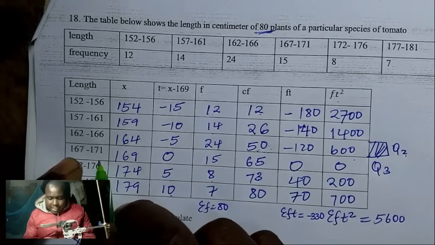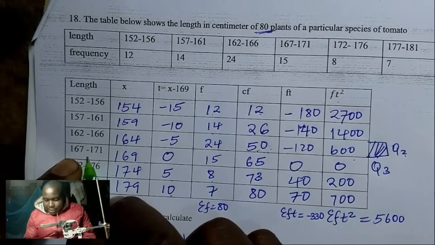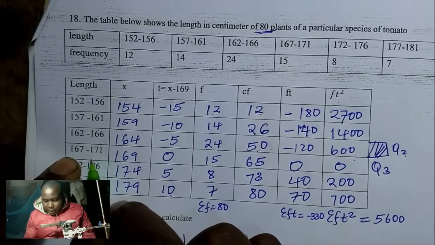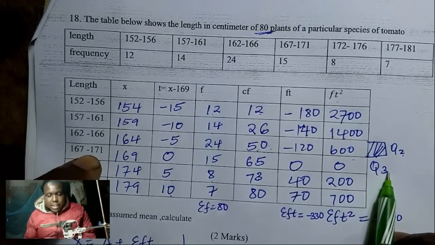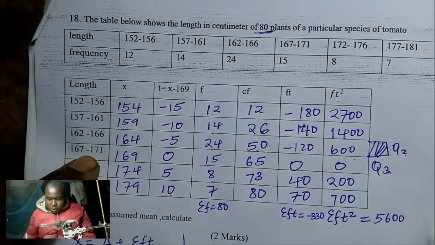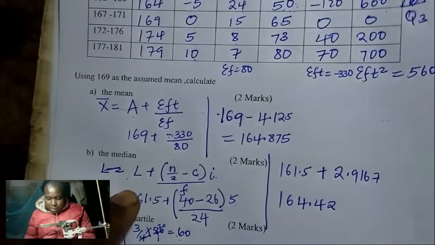So the class interval, not the class interval, but the quantile class is 169, 171. Tuko pamoja? Yes. So what now? The formula is the same as this one.